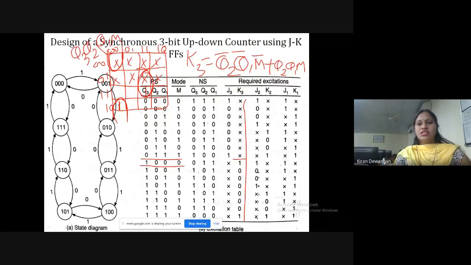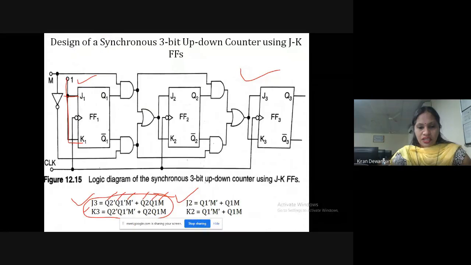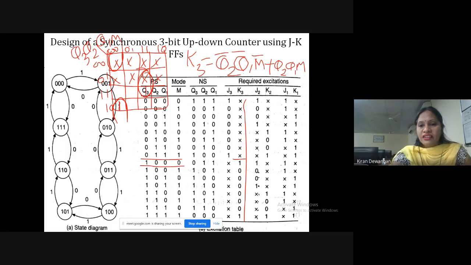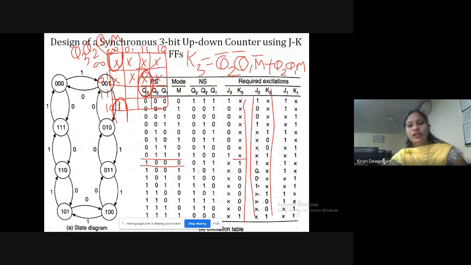So this is the expression for K3. This is what we have got here: Q2 bar, Q1 bar, M bar plus Q2, Q1, M. Similarly, we can write the expression for J2 and we can write the expression for K2 also. And we have already written J1 and K1 are fixed 1.